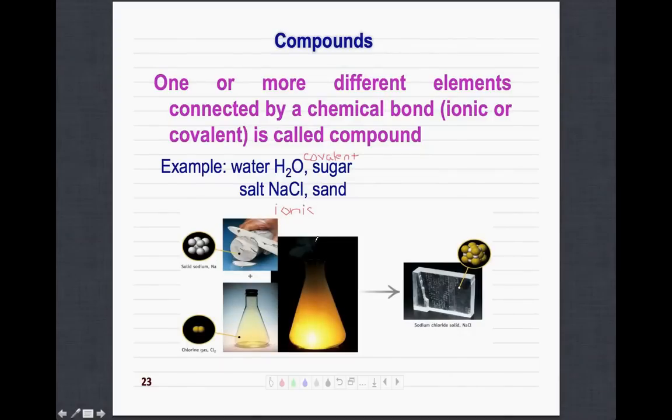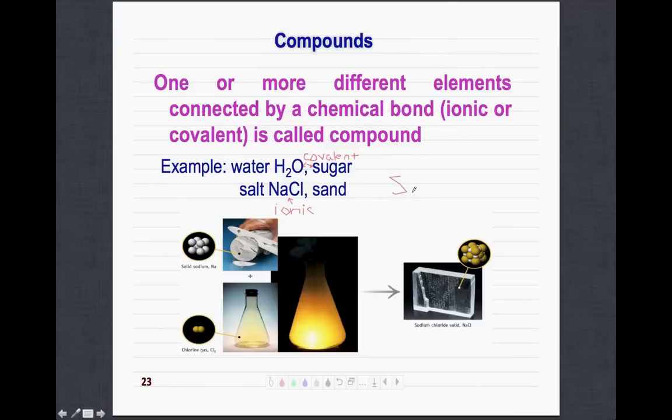So how are you going to differentiate between an element and a compound? An element is simply you're going to see one, like H2, sodium, Na, calcium, Ca. While a compound, you're going to see two elements together in the same molecular formula. And the numbers, how many hydrogen you have and how many oxygen you have, is not variable.